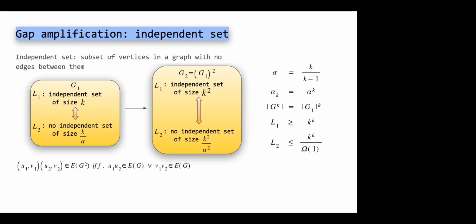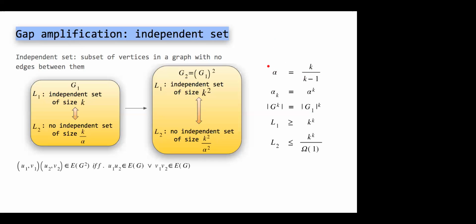But what would happen if we tried to do this gap amplification idea with independent set? We wanted to start with a trivial gap. So just the problem of distinguishing between having an independent set of size k and at most k minus 1. So the gap is here. And if we wanted to turn this gap into a constant one, then we would need to take the kth power of the graph.